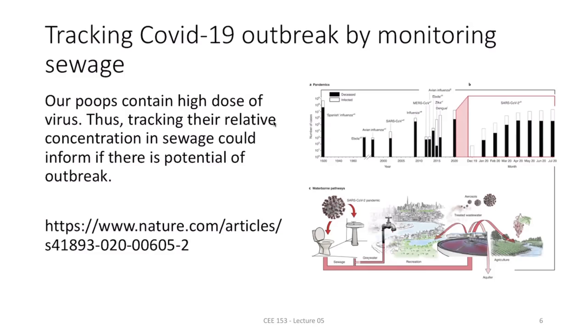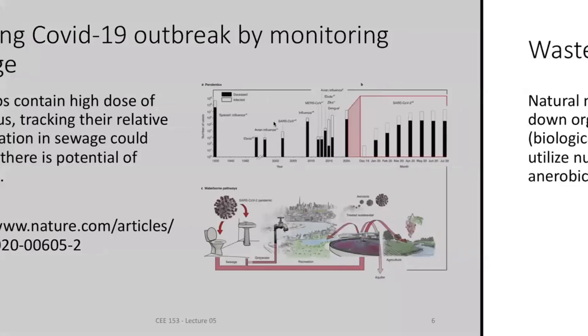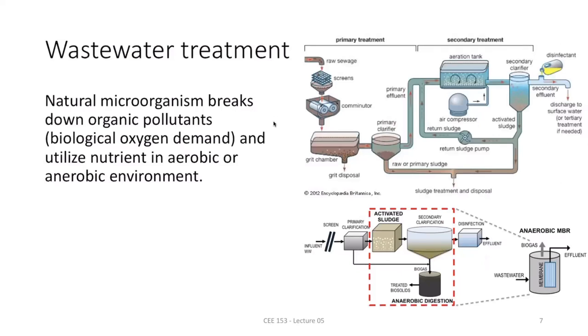That's why this is a very good application of environmental engineering, where you take a little bit of wastewater and look for the DNA or RNA, amplify them, and then find those concentrations. By far the biggest application is wastewater treatment plants, where most of the organics come in, and those dissolved organics go to this aeration tank where you just bubble air through it, and that air is basically oxygen.